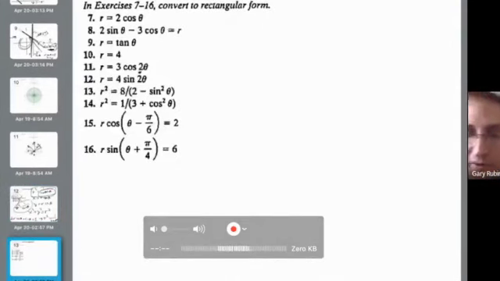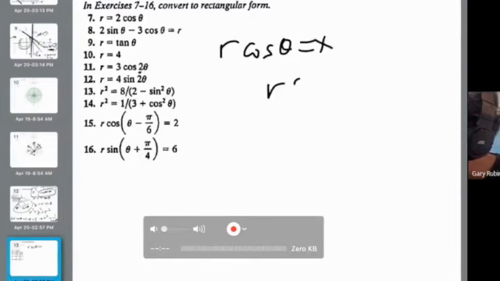Now, going in the other direction can be a little bit tricky. You're going to basically try to find a way to turn r cosine theta into x and r sine theta into y.